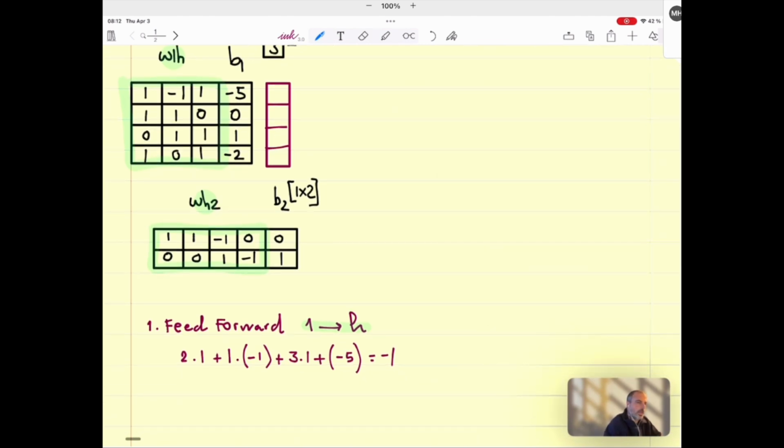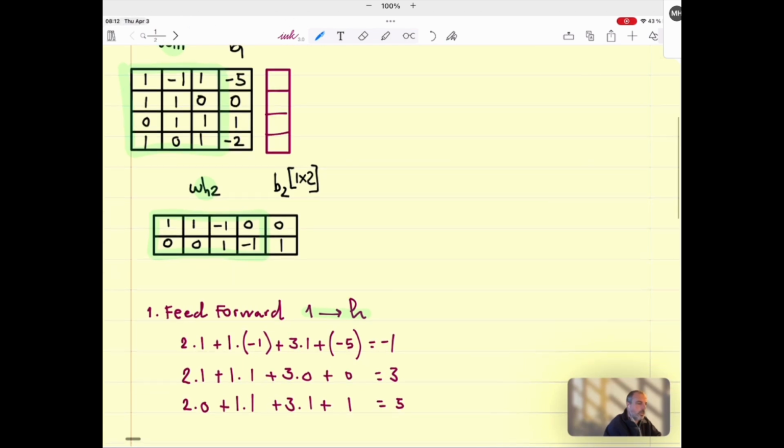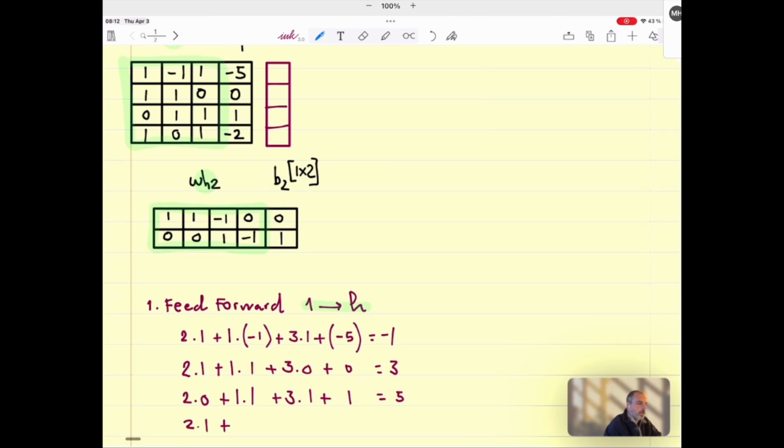And then the next one, 2 times 1 plus 1 times 1 plus 3 times 0 plus 0 equal 3. And 2 times 0 plus 1 times 1 plus 3 times 1 plus 1 equal 5. And 2 times 1 plus 1 times 0 plus 3 times 1 plus minus 2 equal 3. So you cool?